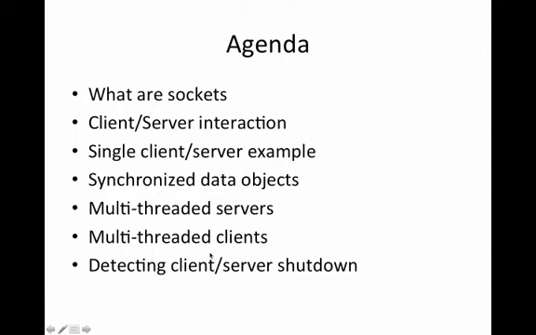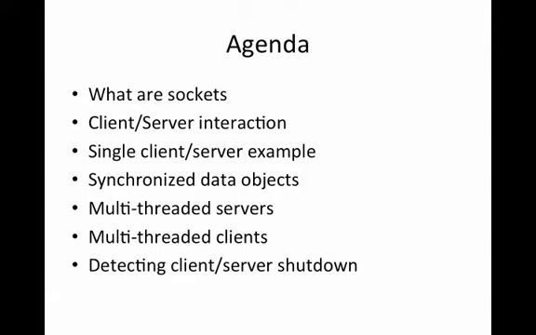We're going to be talking about a number of topics with sockets. We're going to start out with a quick review of what sockets are, then show you the typical client-server interaction with sockets. Then we're going to go through a number of examples, starting with a simple single client-server example where we're just echoing back whatever the server sends us.